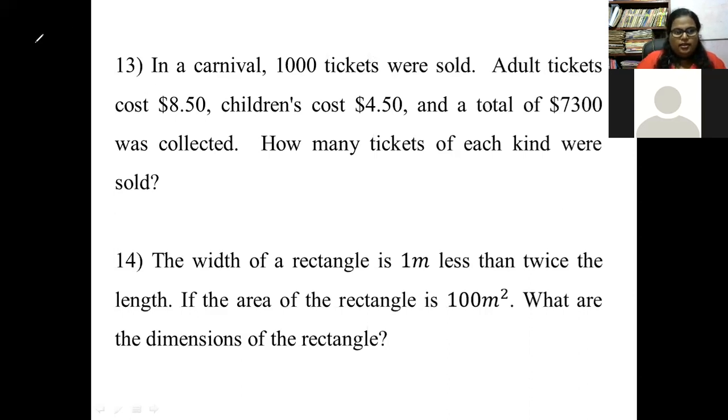So here the number of tickets, right? Take X as number of adult tickets, right? Let me share the whiteboard.